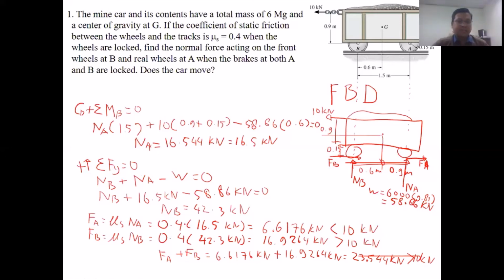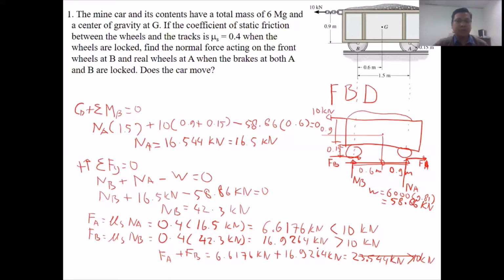Okay, for the first case, if we lock wheel A, this means force A cannot resist the force of pull out. So it means the trolley will move.